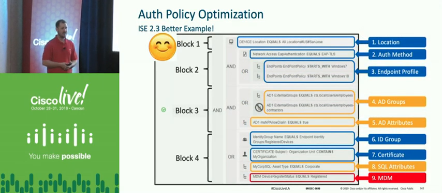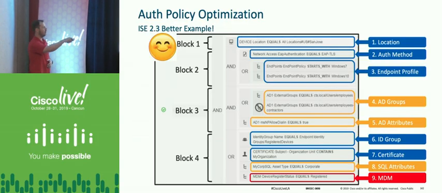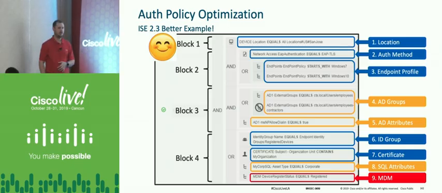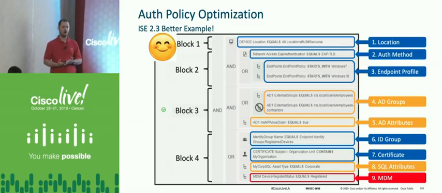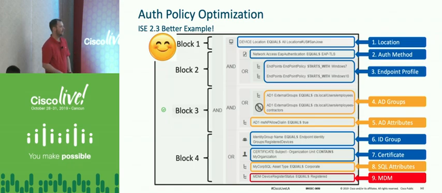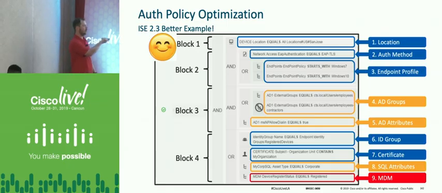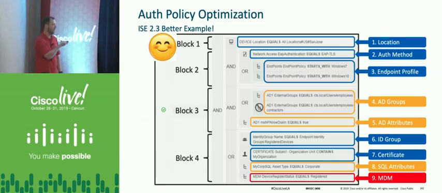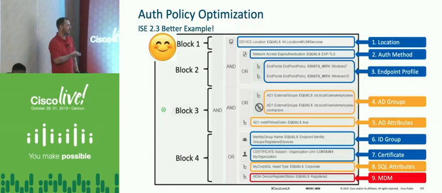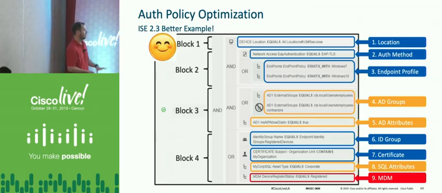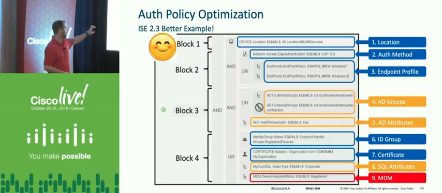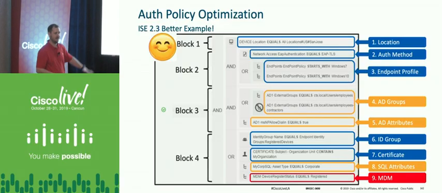To do this successfully, I can flip this around. I'm going to check for a location, auth method, endpoint profile. Why do I check those things first? All of that data exists directly within the PSN. I don't have to go anywhere. After that, I can then start to do things like externally look up AD groups and attributes, check for certificate attributes, and then finally go to an external MDM or SQL database. So just try to structure the rule in a way that makes the most sense.